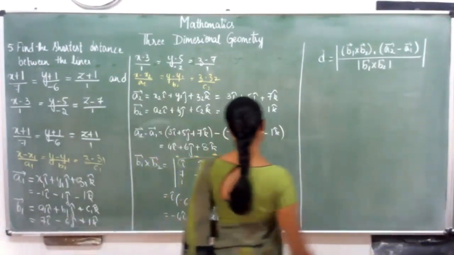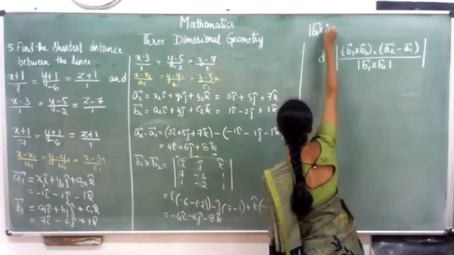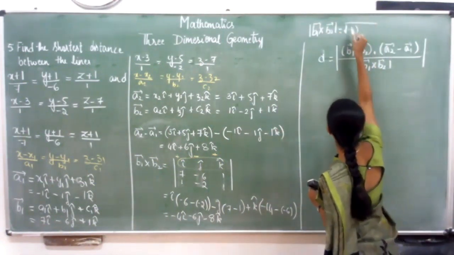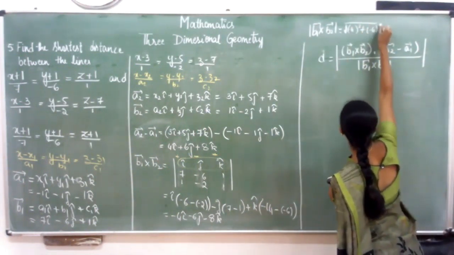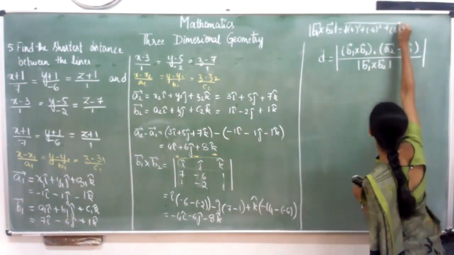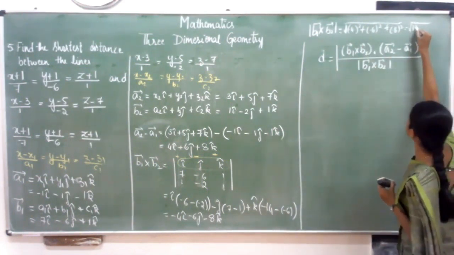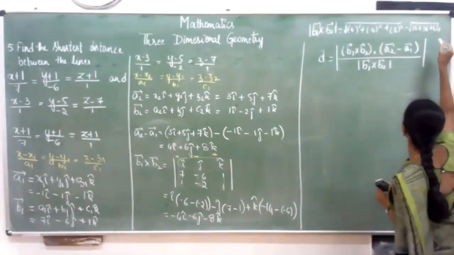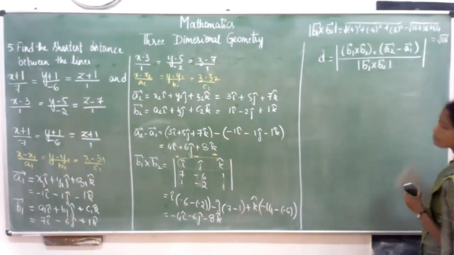Okay, so next we need to find the magnitude of vector v1 cross vector v2, which is root of (minus 4) whole square plus (minus 6) whole square plus (minus 8) whole square, which is equal to root of 16 plus 36 plus 64, which is root 116.